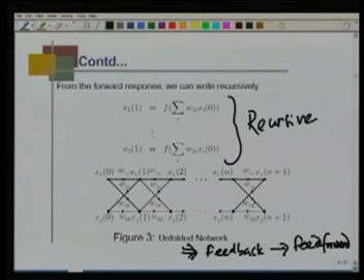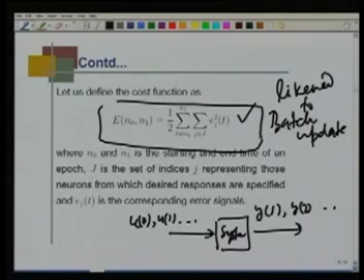I find out what the delta W should be in this layer, and then the error back propagated through this weight is added with the error at the instant n at the node, and then again the combined error is back propagated, and like that until I reach the last layer. That is what we do in back propagation through time.